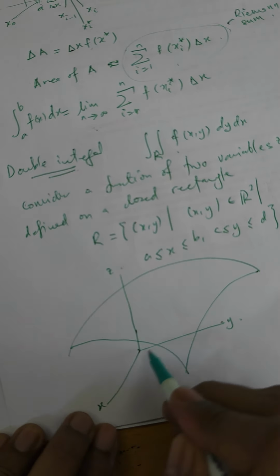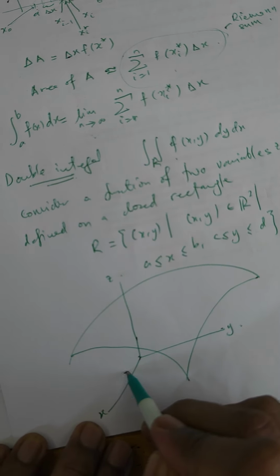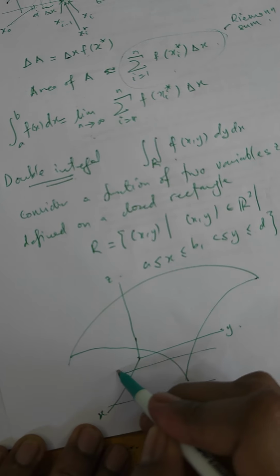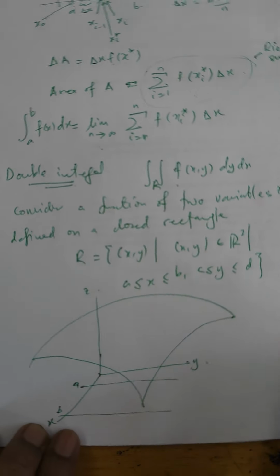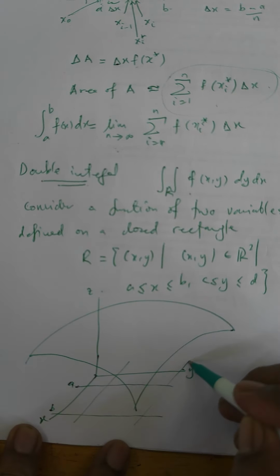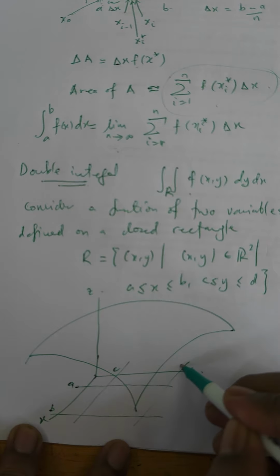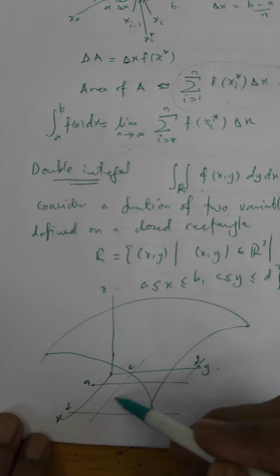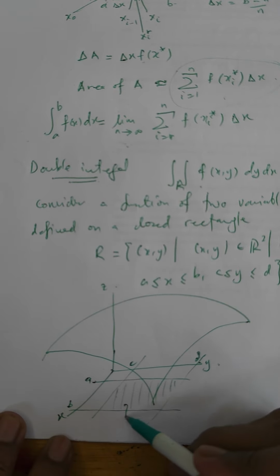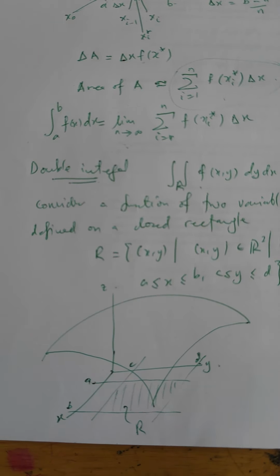So x between a and b, this is our x on the x-axis, and y between c and d, this is our y. This region on xy, we call it the region R.